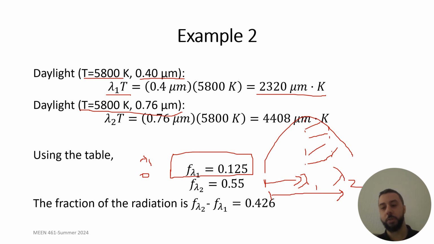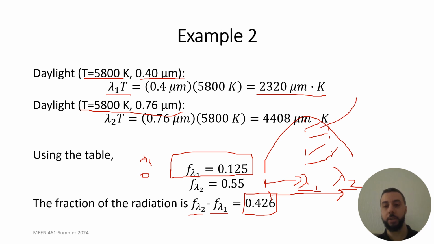We don't want the values from 0 to lambda 1, and we don't want the values from 0 to lambda 2. We want the values in between lambda 1 and lambda 2. So to do that, we just calculate the difference. So we have f lambda 2 minus f lambda 1, and that gives us 0.426.